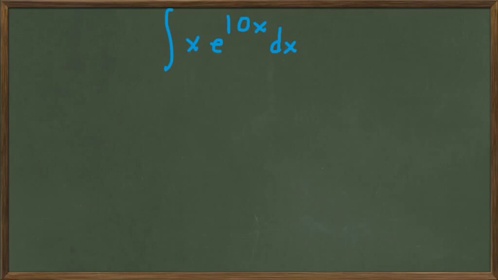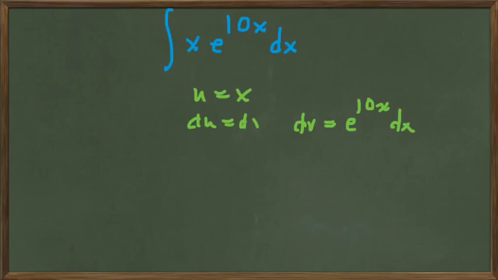So we've got this parts integral to do. As in this type, we let u be the polynomial part, and dv be the exponential part, exponential or trig, and that's exponential in this case. So du is dx, and dv, remember, is e to the ax over a, so it's e to the 10x over 10.